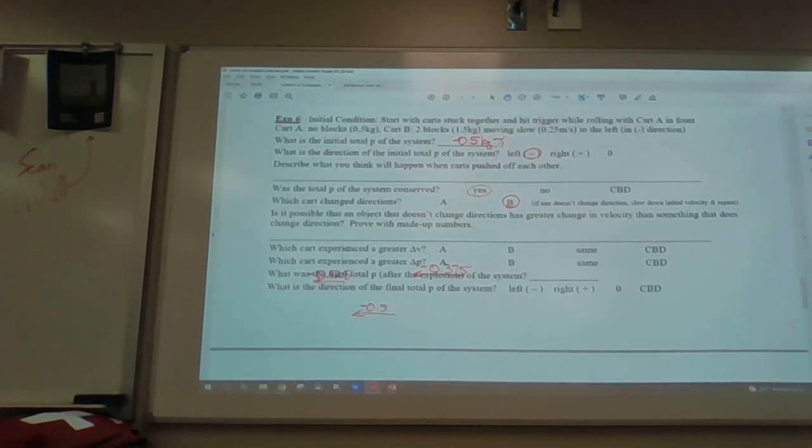If you go from 10 miles an hour to 100 miles an hour versus from 10 miles an hour to stop and go 10 miles an hour in the other direction, you got a change of 90 miles an hour from 10 to 100, versus from 10 to negative 10, that was a change of 20 miles an hour. Just because something changes its direction, do not automatically assume that it had a greater change in velocity.